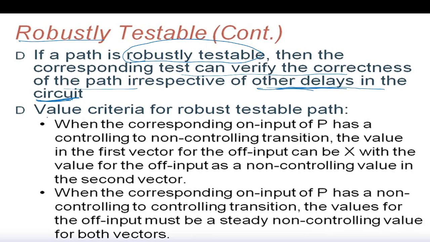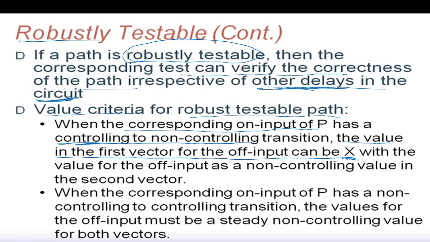So now how do we choose the values for the robustly testable path? When the on path input has a transition from controlling to non-controlling, the value in the first vector for the off path can be x.